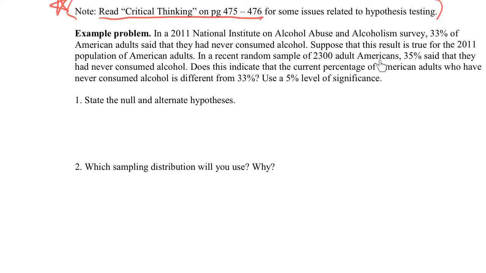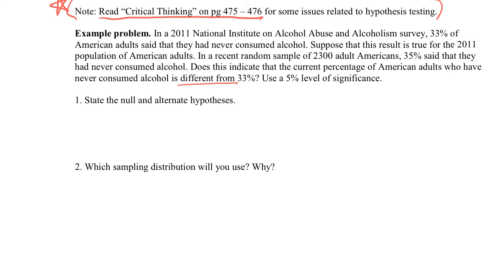So you've got this new study that said 35%. Then the question is, does this indicate that the current percentage of American adults who have never consumed alcohol is different from 33%? Now here is something that we haven't seen yet: different from.